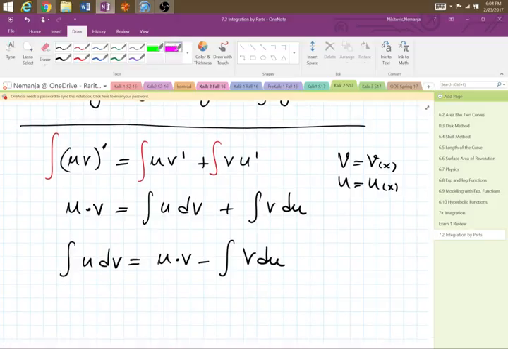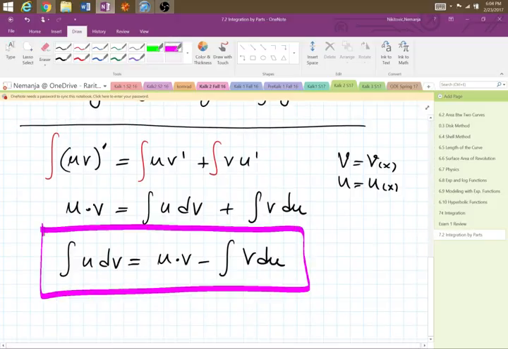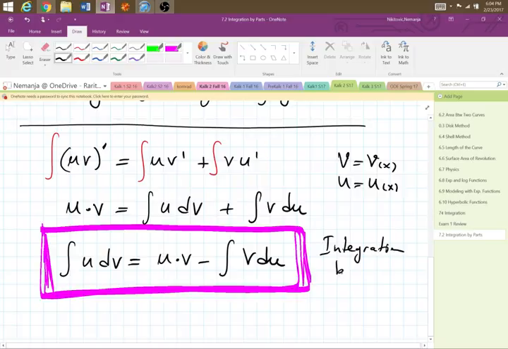This is known as the formula for integration by parts. The reason why it's called integration by parts is because you have part number 1 and part number 2. There are 2 parts. And then you compile the second portion over here, which I will explain how it's done.